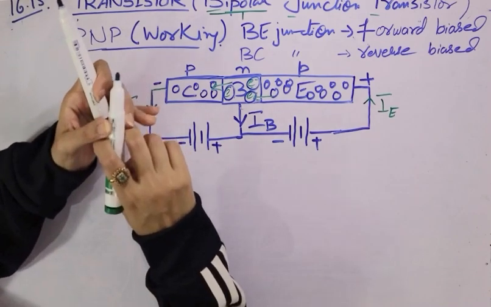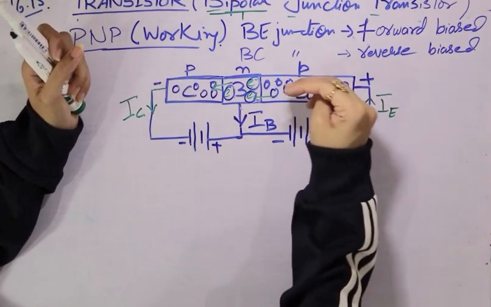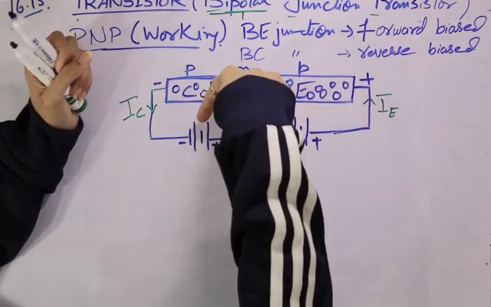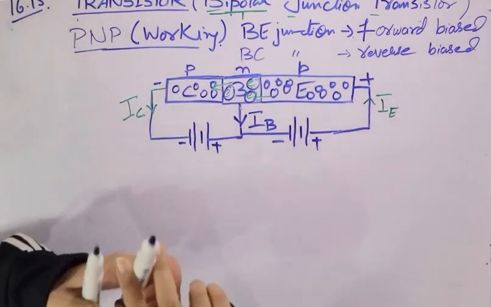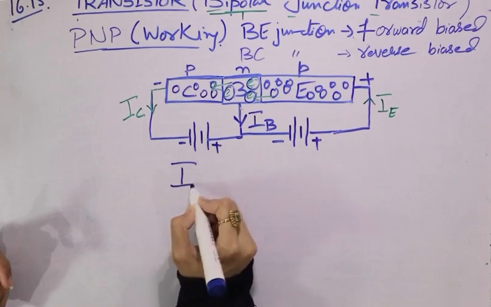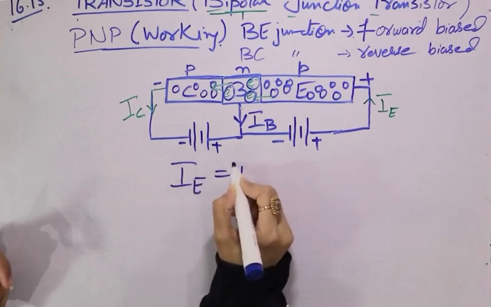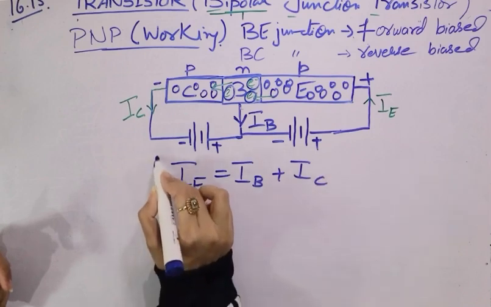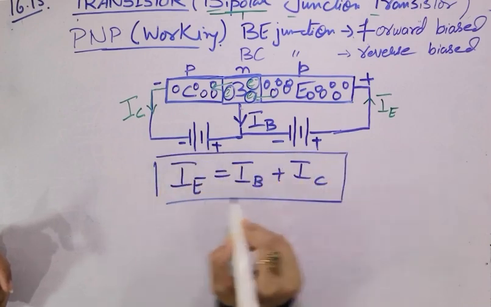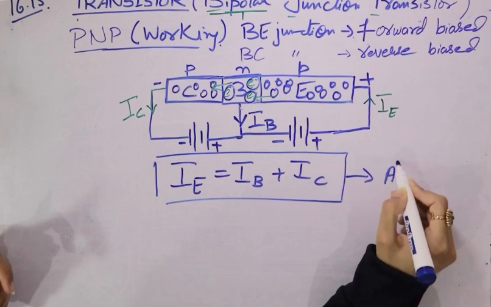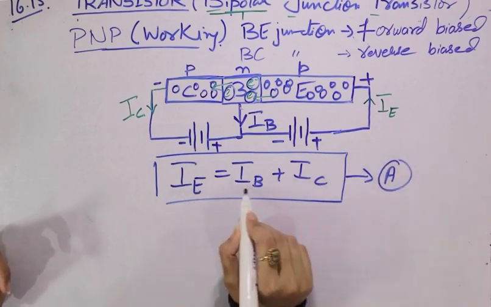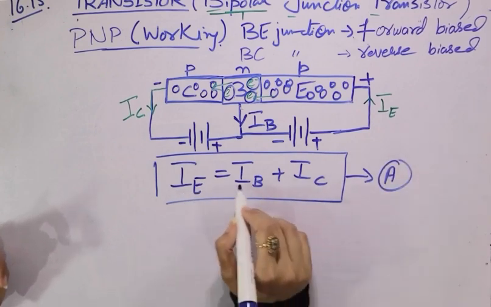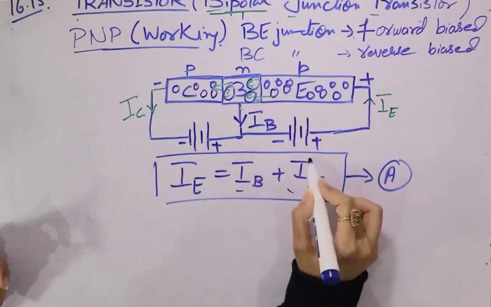Now you see again you had the same thing. IE got in the device divided in 2 branches, that is IB and IC. Hence we can write that IE is equals to IB plus IC. From this equation we can easily conclude that IE is greater than IB and IC because it is the summation of these two currents.